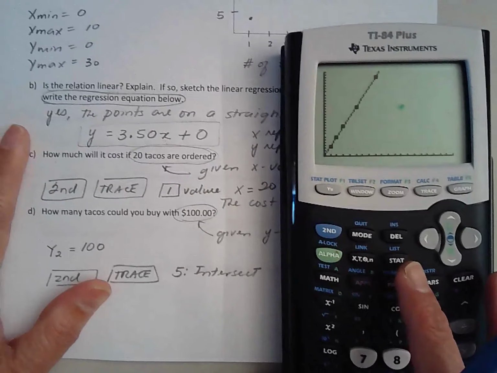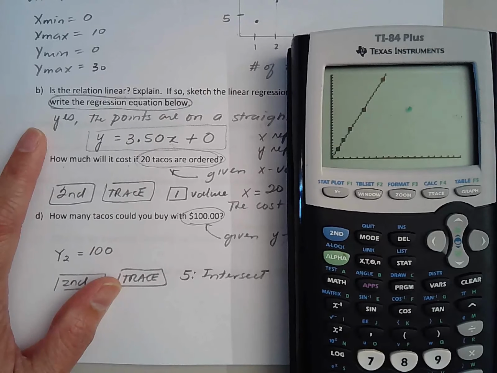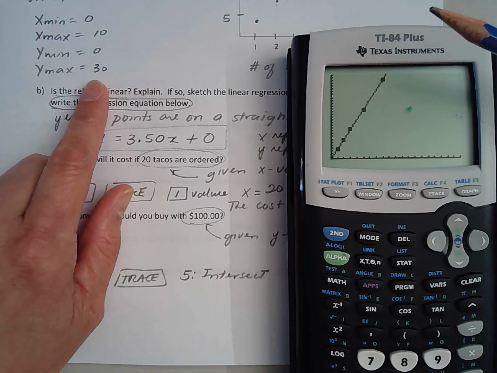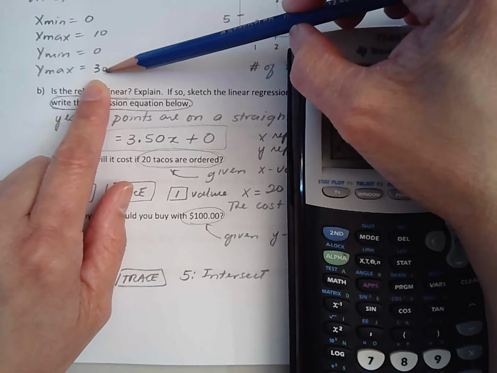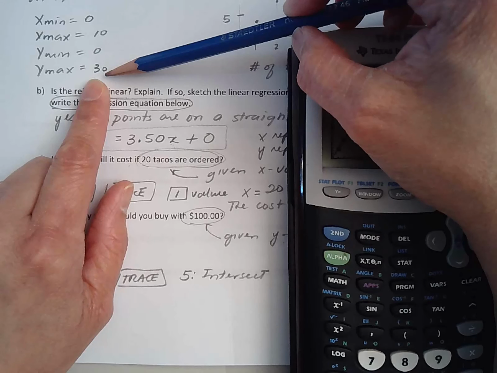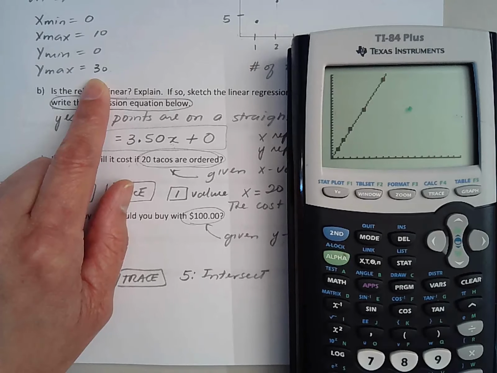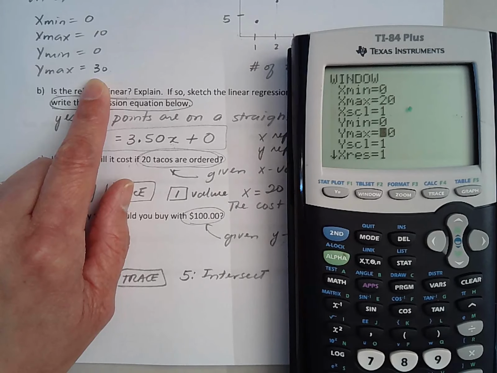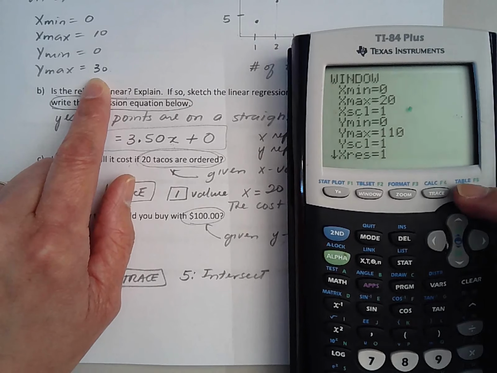Nothing changes, okay. Why is it not there? When you look at this one here, our Y max is only up to 30. We need to go up to 100. So let's go 110, so there's a little bit of space.